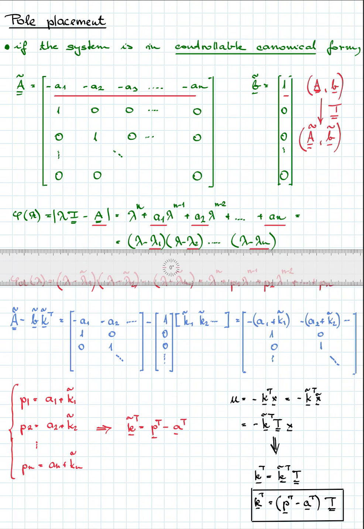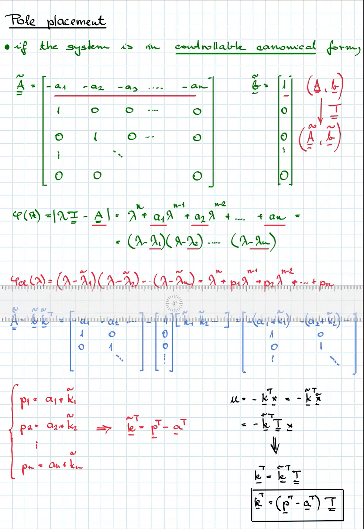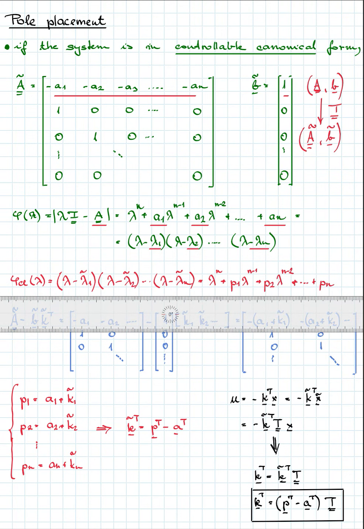But we want to change them because they are too slow, they are not stable, they have sinusoidal transients and so on. So we don't like their behavior. That's why we would like to change lambda 1 to lambda 1 tilde, lambda 2 to lambda 2 tilde, etc., lambda n to lambda n tilde.